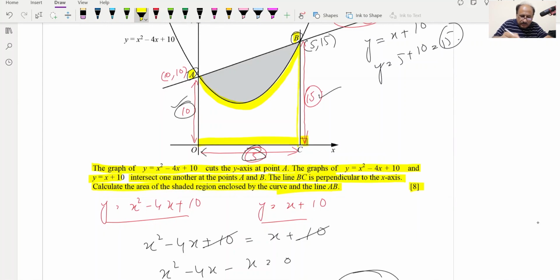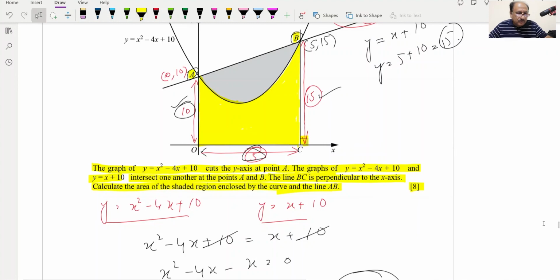This will be area under the curve. So we will be integrating the curve and finding this area, and then we will be subtracting and reaching to the shaded required area. And now this is the area which we are targeting for.